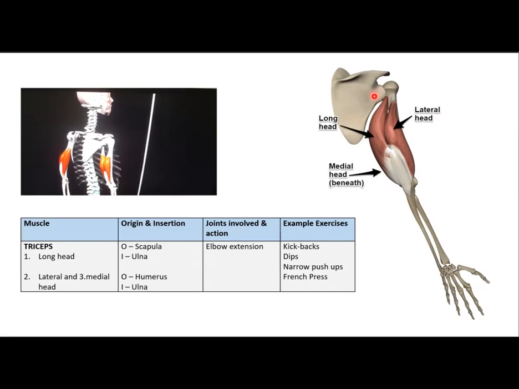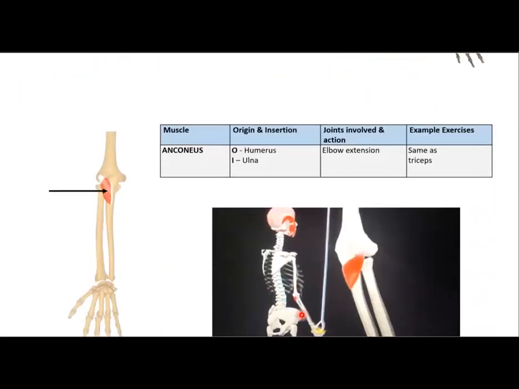But the main function of this muscle is an extension in your elbow. Okay? Make sense? Like that, or like that. It's an extension. It stretches out the elbow. Okay? Make sense? Okay, next one.